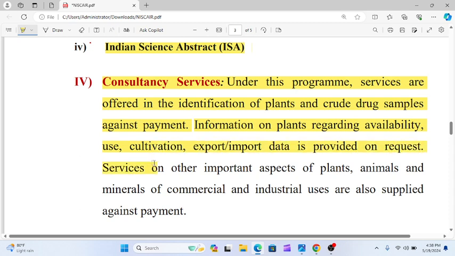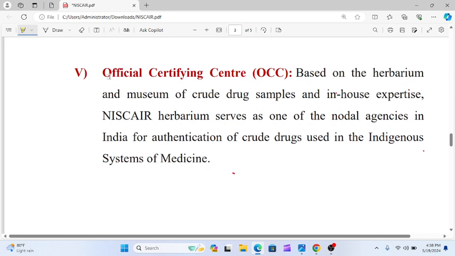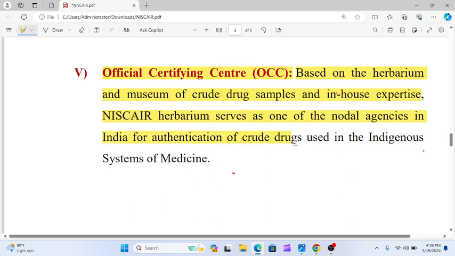Services on other important aspects of plants, animals, and minerals of commercial and industrial uses are also supplied against payment. Next, officially certifying center. Based on the herbarium and museum of crude drug samples and in-house expertise, the NISCAIR herbarium serves as one of the nodal agencies in India for authentication of crude drugs used in the indigenous systems of medicine.